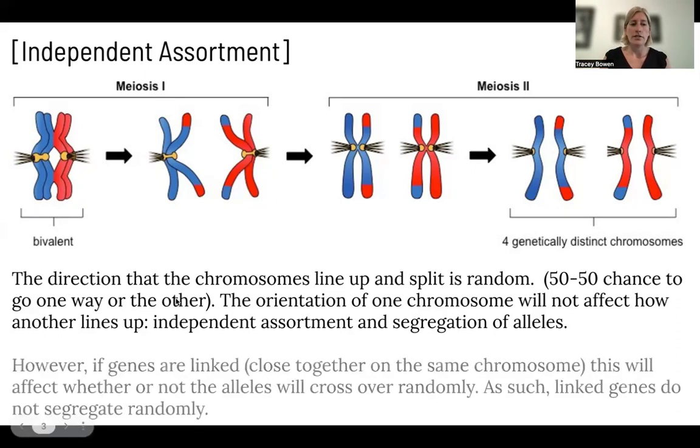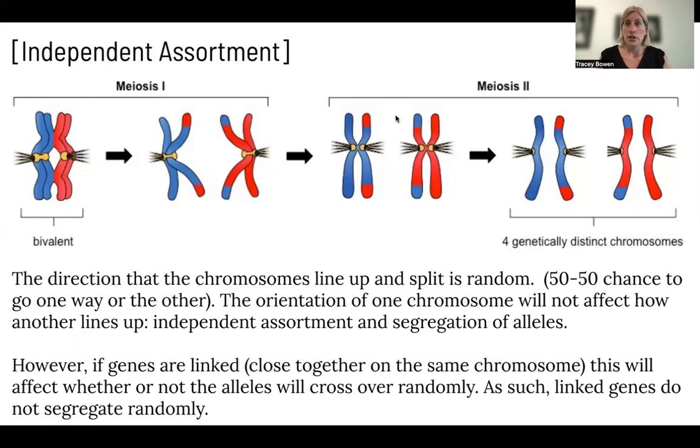So segregation of alleles means that, so this one here, this is in metaphase 2, you can see that there's crossing over that's happened here, but that crossing over piece is not going to affect the ability of the chromosomes to transport. And then additionally, segregation of alleles, meaning any particular allele could cross over.